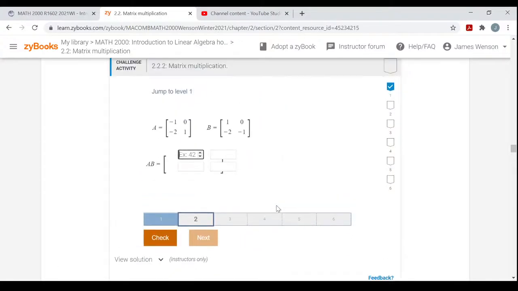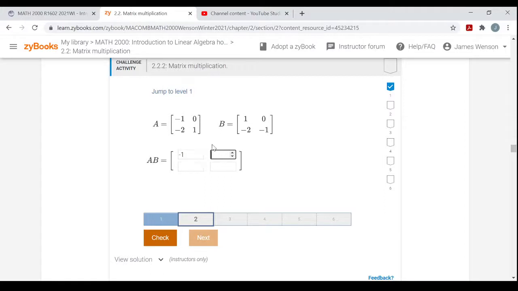So the next one is actually do the multiplication. Now again, pay attention to the order. It's A times B, not B times A. So A times B, the first row, first column entry: -1, 0 with 1, -2, do that row column rule. You get -1 plus 0, so -1. Then first row on the left with the second column, so -1, 0 with 0, 1, you get 0 plus 0, or 0.